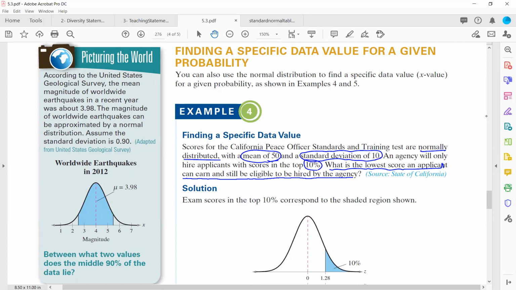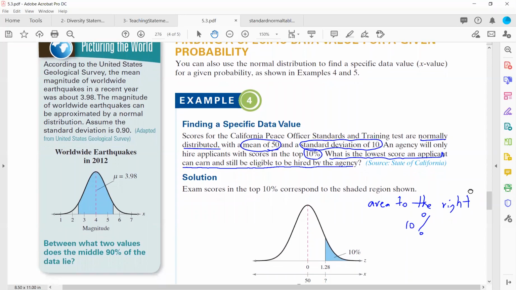Only the top 10%. Very well. So what's given? Area to the right is given, which is 10%.